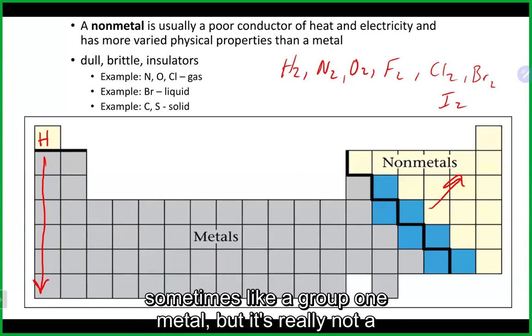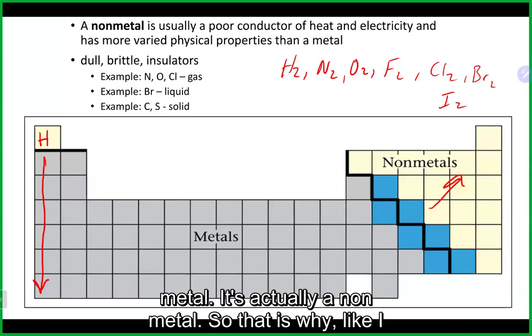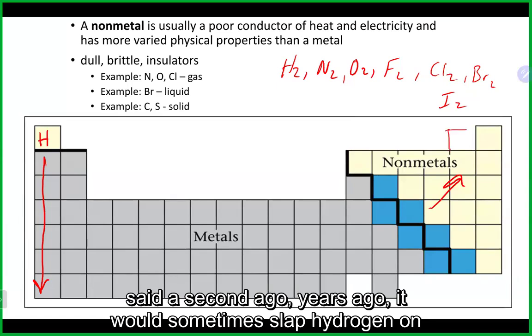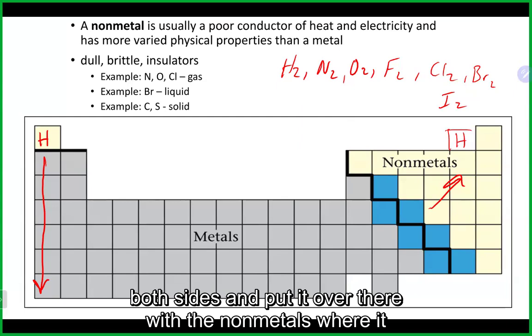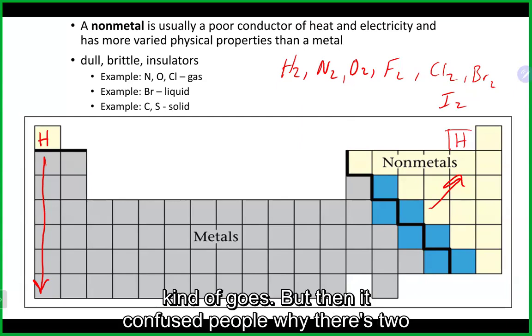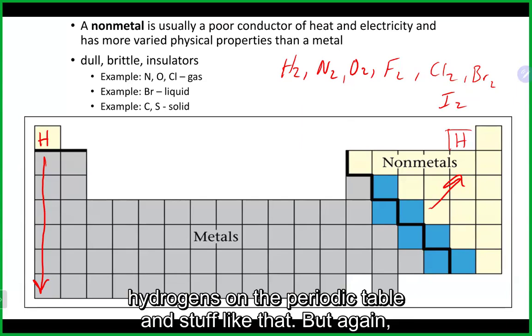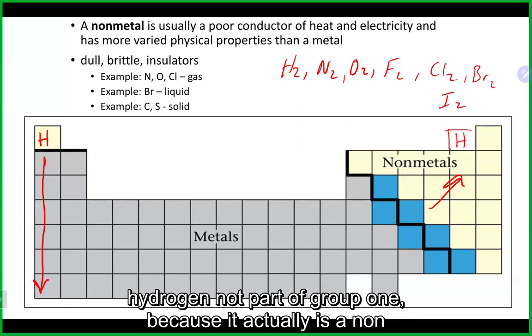So it behaves sometimes like a group 1 metal, but it's really not a metal. It's actually a nonmetal. So that is why, like I said a second ago, years ago, they would sometimes slap hydrogen on both sides and put it over there with the nonmetals where it kind of goes. But then it confused people why there's 2 hydrogens on the periodic table. But again, hydrogen is not part of group 1 because it actually is a nonmetal.